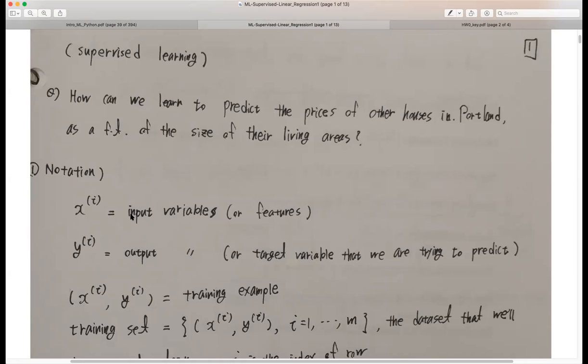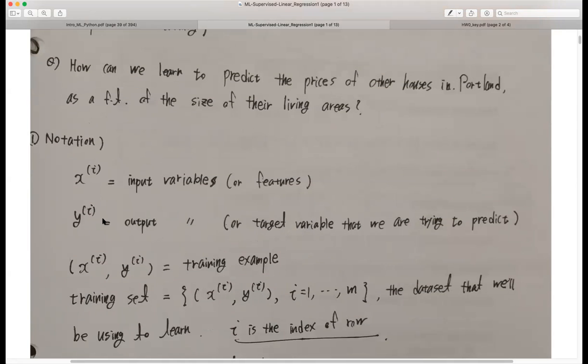Then y sub i is the output, here the price of a house, or you can say the target variable that we are trying to predict.